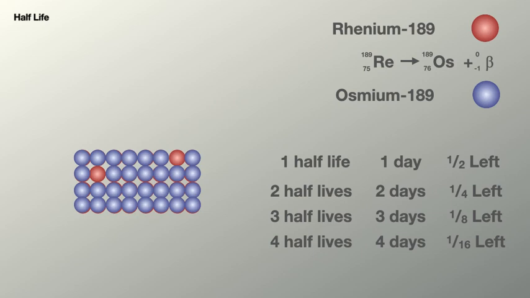Okay, so key point, a half-life is the time that it takes for half a sample of radioactive material to decay. Now this will vary from one isotope to another. Okay, so for the next one, we're going to choose a different radioisotope. I'm going to be working with protactinium-228.